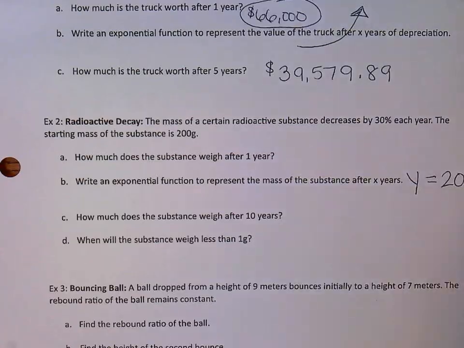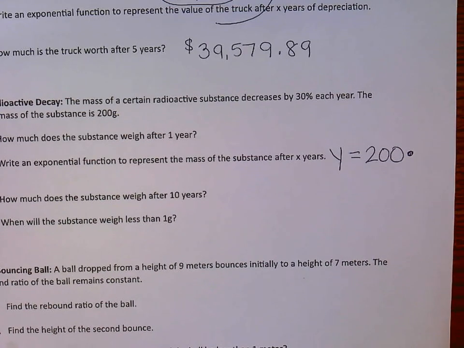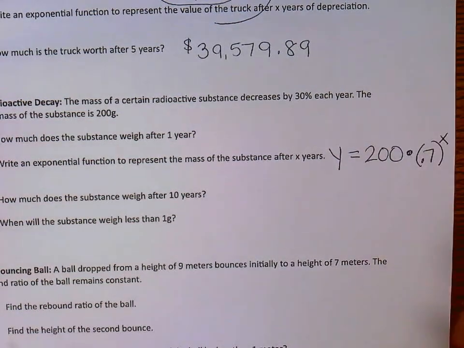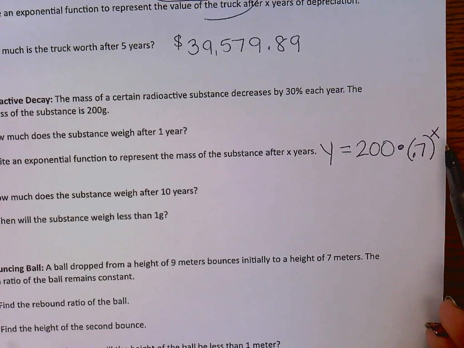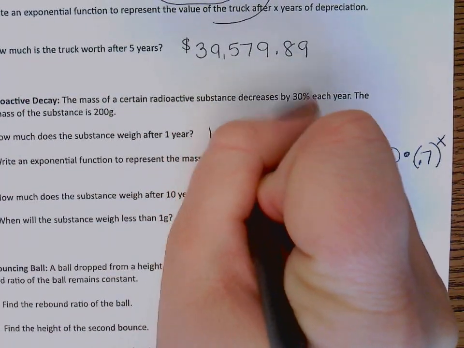What should I use as my rate if it decreases by 30%? 0.7. I want to know how much I'm keeping. So 0.7 to the x represents I'm keeping 70% of the original mass. So I do 0.7 times 200 to get the weight after 1 year. So after 1 year, it still weighs 140 grams.